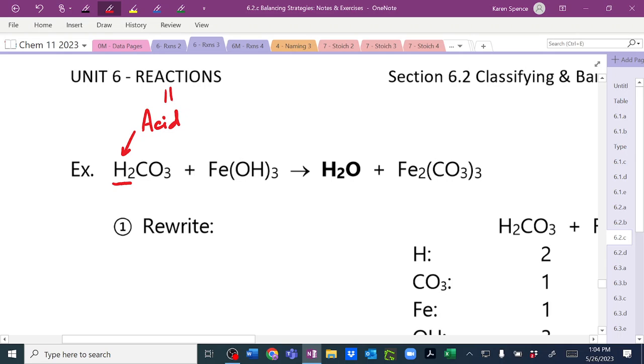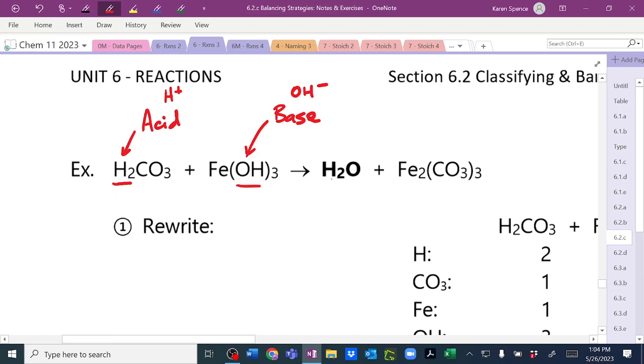We have OH, which tells us we have a base. You have to have both of them for it to be neutralization. Some reactions can have a base but no acid, not neutralization. You might have an acid but no base, not neutralization. You have to have both.